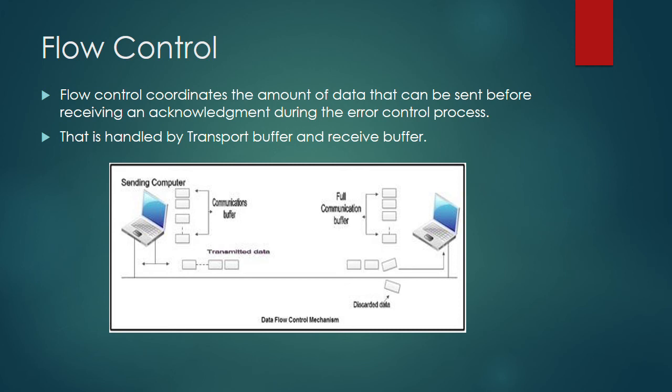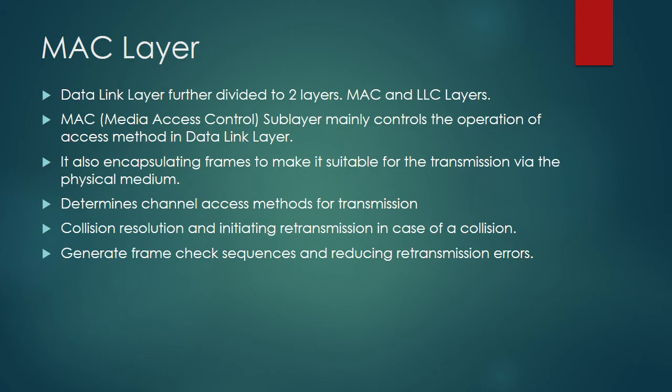Before the checking process, the receive buffer stores the signal until the detection is over. So flow control is more of a supporting method to error control.